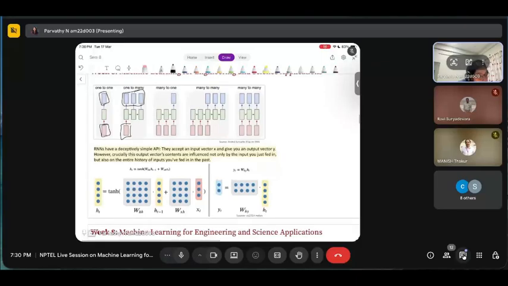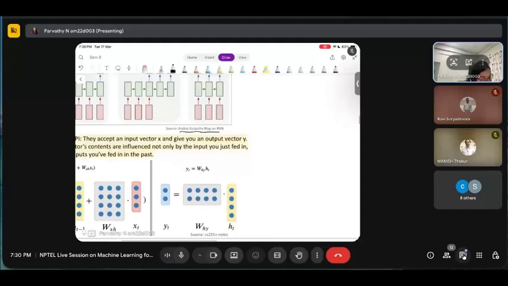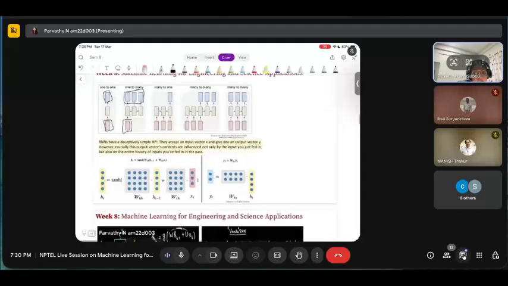RNNs have a very simple structure. This is taken from this source. You can check it, the notes there are really helpful. And also the CS231 notes, you can check for reading more about this.